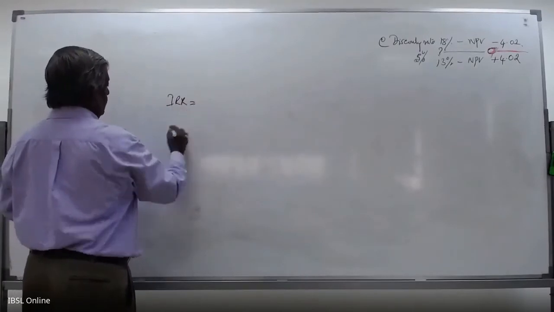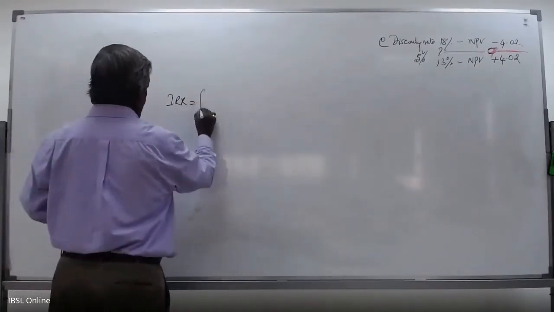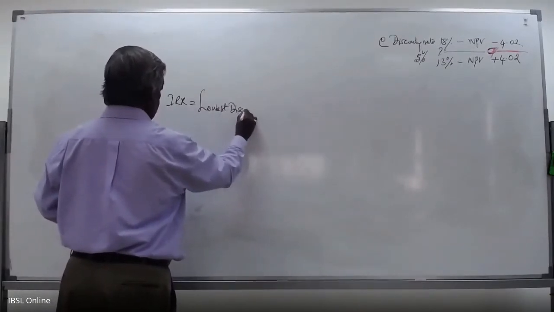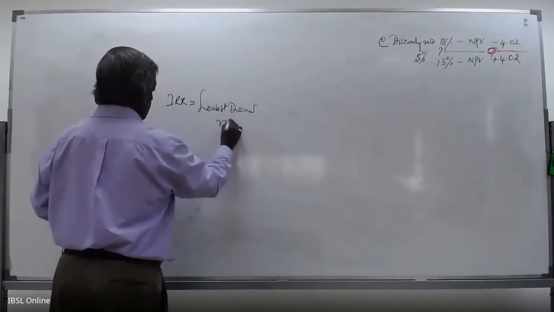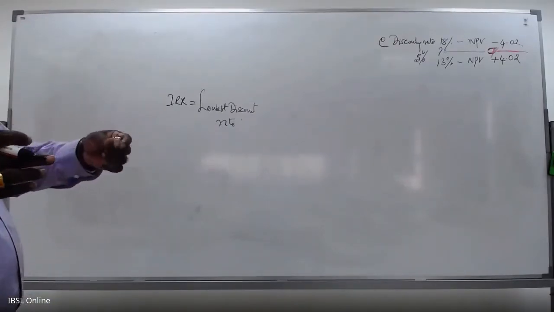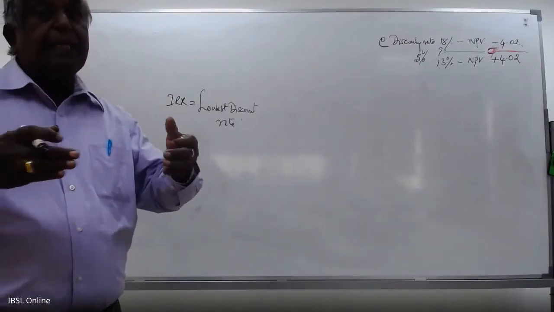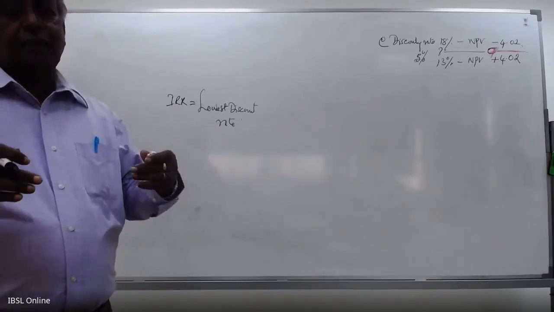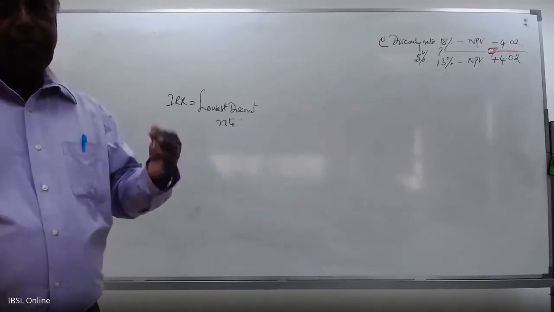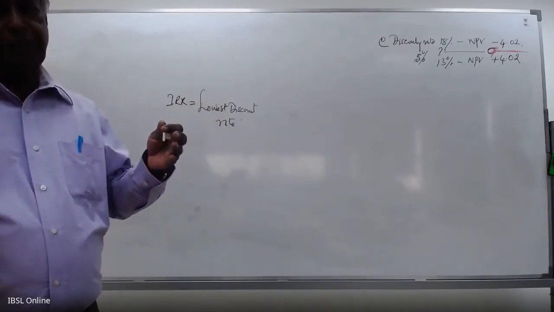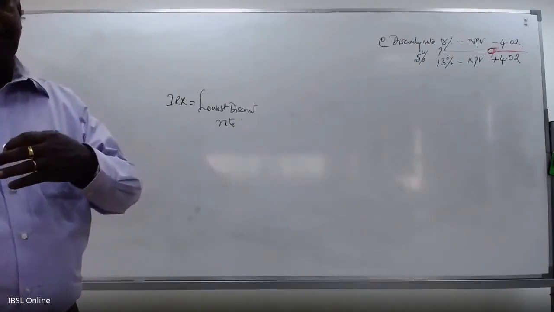IRR is equal to the lowest discount rate. In this example you must have two discount rates, because the IRR will be in between the two. So you have to calculate the NPV at two discount rates: one is the lowest discount rate, the other is the highest.